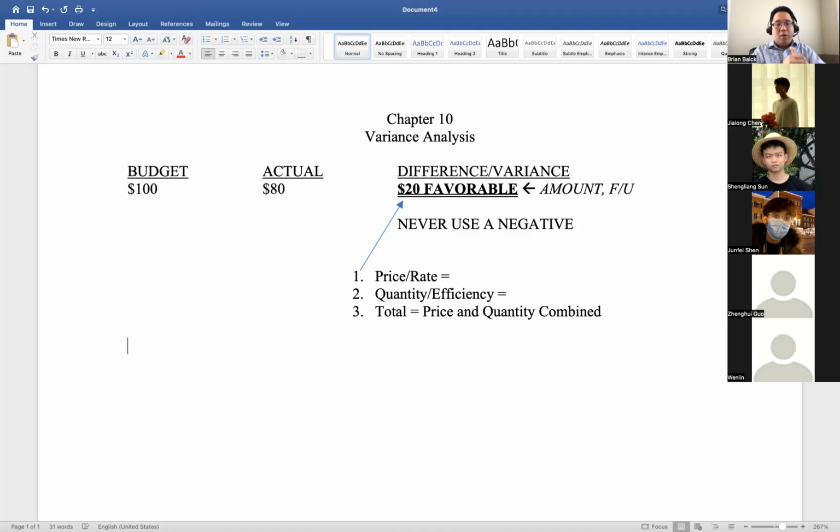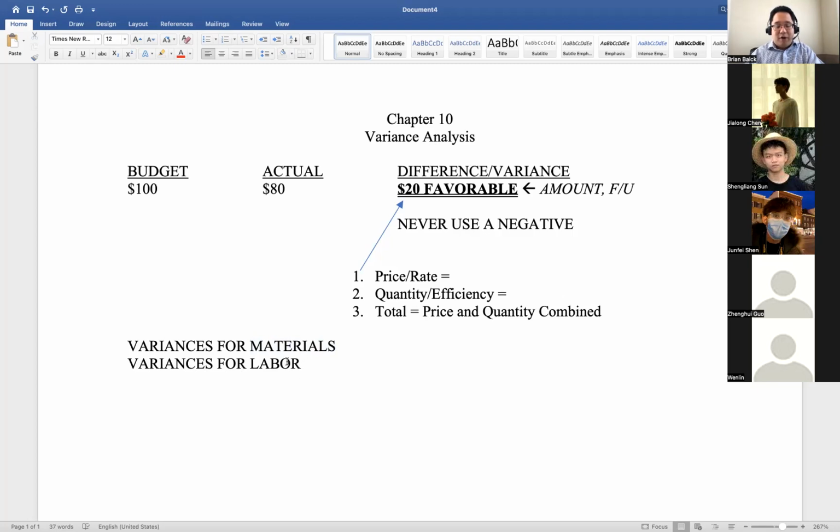What we can do is figure out variances for materials. For materials, how much materials did you expect to buy, the budget? How much materials did you actually buy? What are the differences? What are the variances?